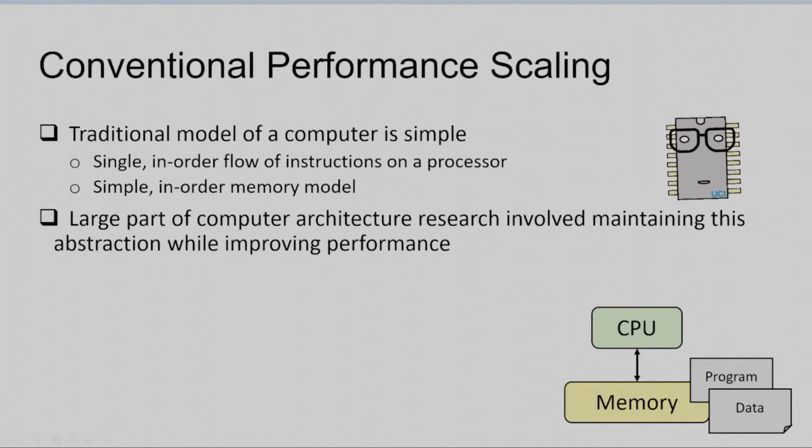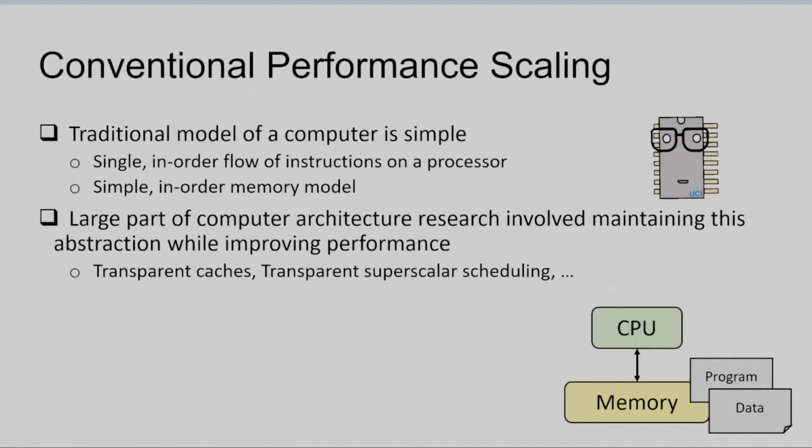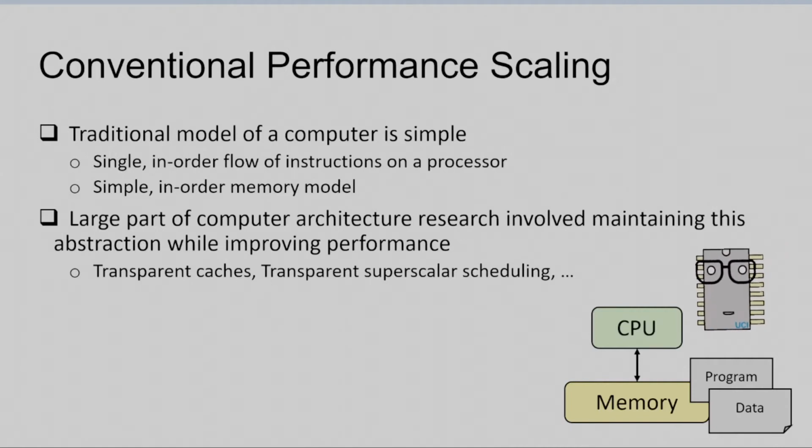Maintaining this abstraction of a single CPU thread, or at least a handful of CPU threads, talking to a simple uniform address space, but making the performance improve under the hood. So things like transparent caches, transparent superscalar scheduling, out-of-order processors, all that stuff, which were very important and big hits in the computer architecture area, were attempts to improve the performance of the computer without making the programmer be aware or need to care about the underlying improvements that are going on.